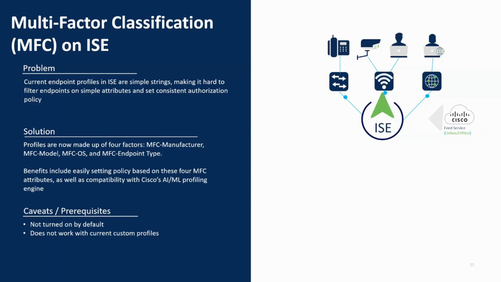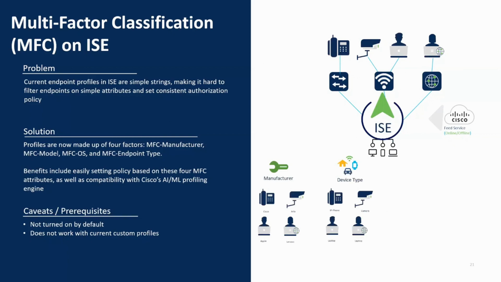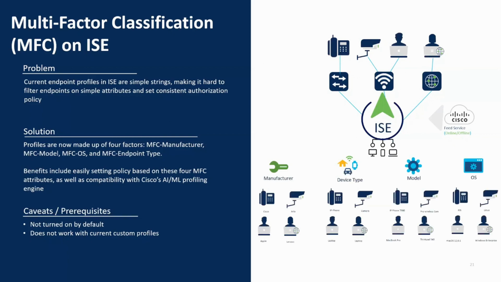So what this does is it takes all the information that we get, and we have 4 different classifications now. We have the manufacturer, the device type, model, and the operating system. So instead of just saying Cisco phone as our profile, it can say Cisco IP phone 7980 and what model or what OS version it's running.